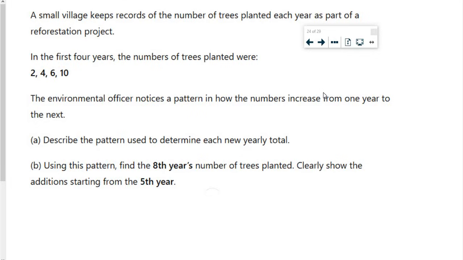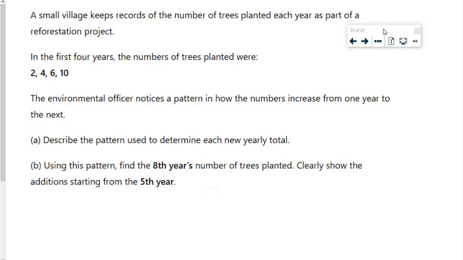The environmental officer notices a pattern in how the numbers increase from one year to the next. Question A. Describe the pattern used to determine each new yearly total. B. Using this pattern, find the 8th year's number of trees planted. Clearly show the additions starting from the 5th year.